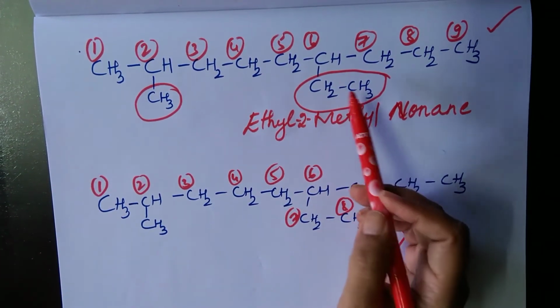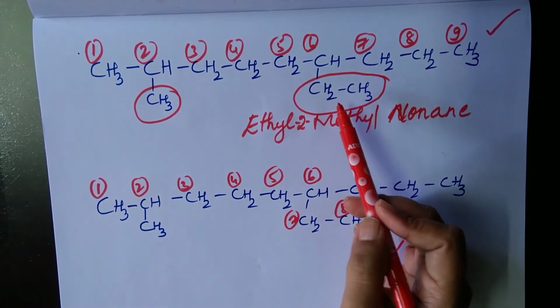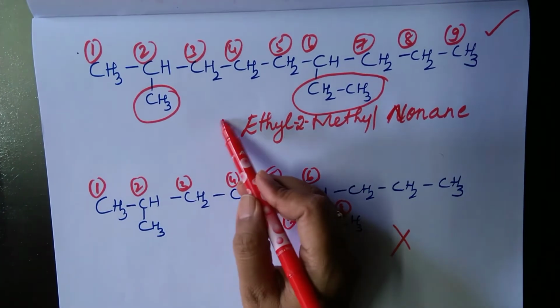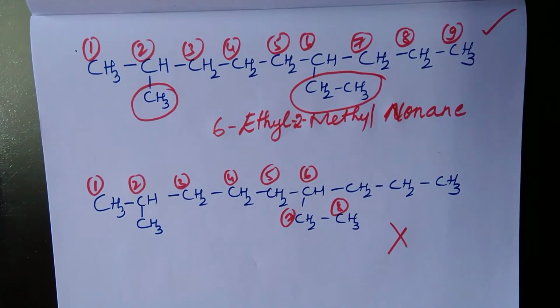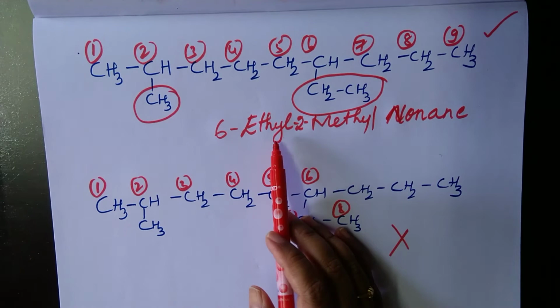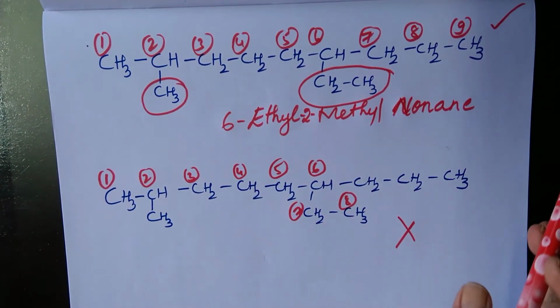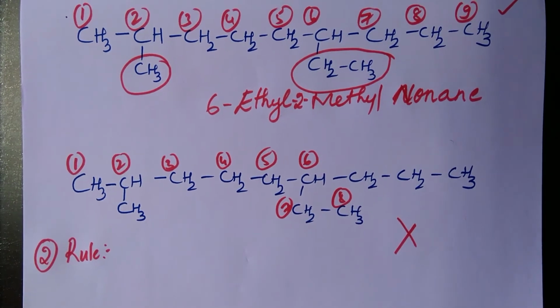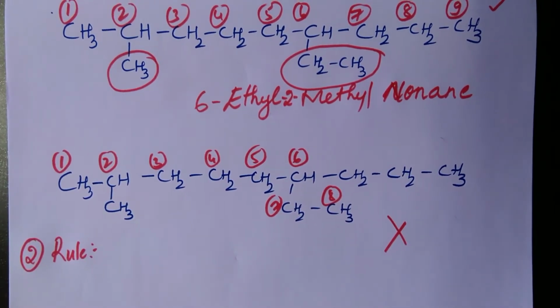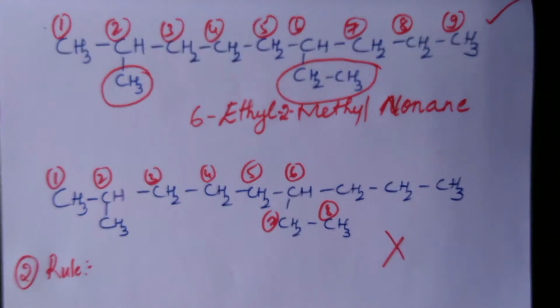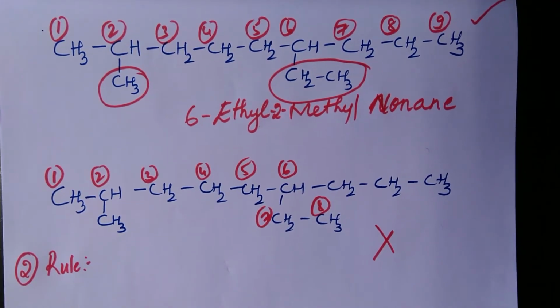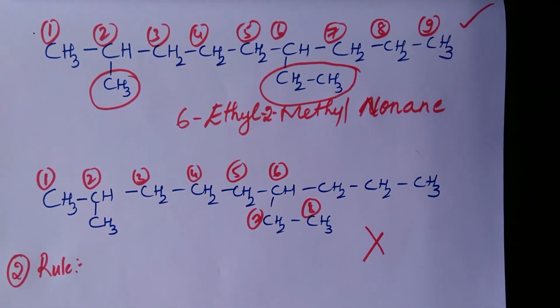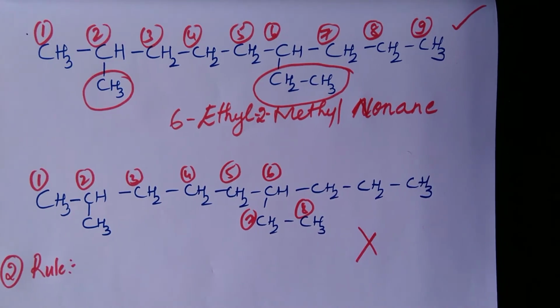And where is your ethyl group situated? On carbon number 6. So the name of the molecule will be 6-ethyl-2-methylnonane. Now we will decide what is rule number 2. Rule number 2 is, if you have any substituents which act as prefixes, you have to arrange them in alphabetical order.